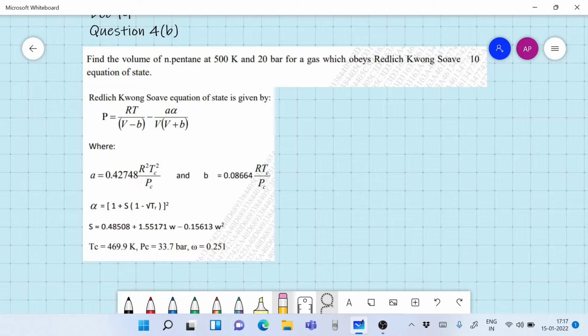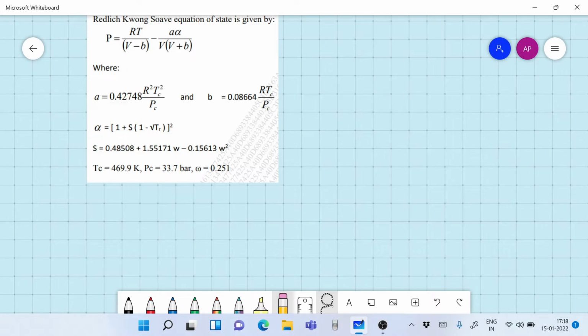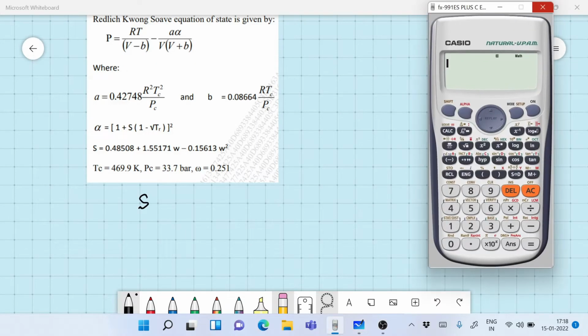Now, how do you solve this problem? The first line of attack is to calculate S, because S depends on omega. So, let's calculate the value of S using our favorite calculator.